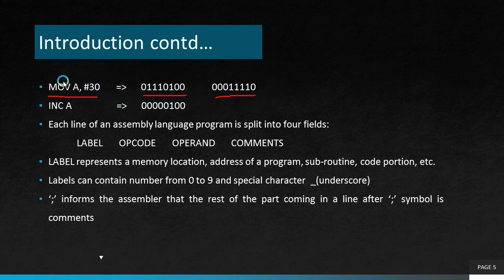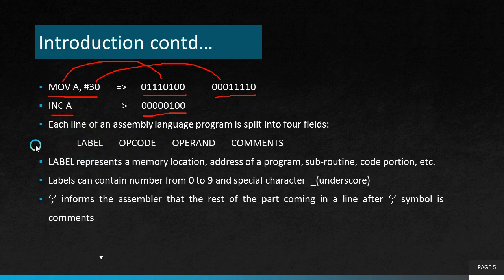The first 8 bits represent the opcode MOV A and the second 8 bits represent the operand 30. Next is INC A. It will increment the accumulator by 1. The same instruction when written in machine language will look like this.